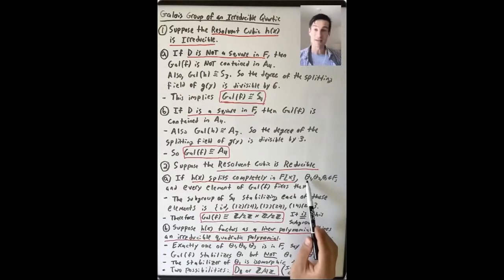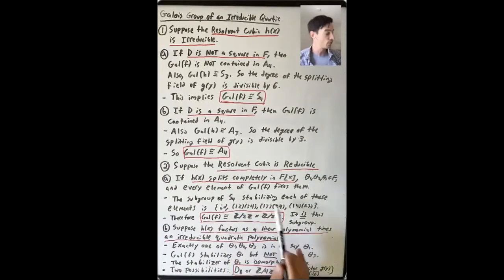So we can see that the stabilizer of one of these theta i's is isomorphic to D8. And the stabilizer of all three of them, if you fix theta 1, fix theta 2, and fix theta 3, you get an intersection of those three subgroups. And the subgroup of S4 stabilizing each of these theta i's is this subgroup of size 4: the identity, (1 2)(3 4), (1 3)(2 4), (1 4)(2 3). So what do we know?